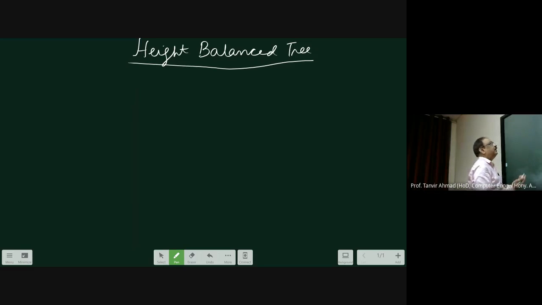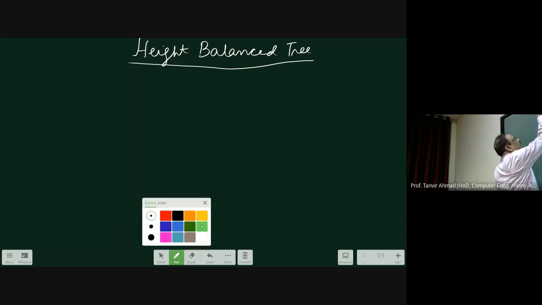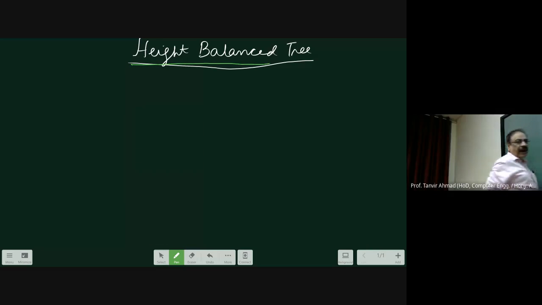That means the word which is said over here is that it is height balanced. Height balanced means that this tree will never become a skew tree, and every time the tree will be a height balanced tree.